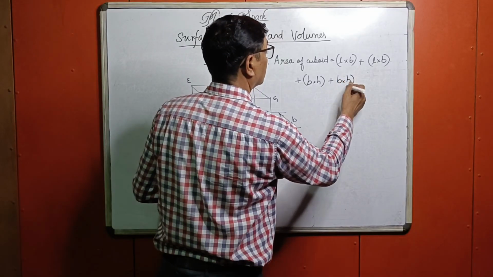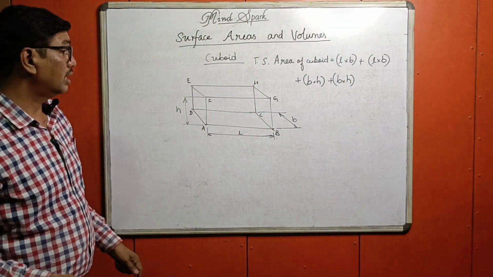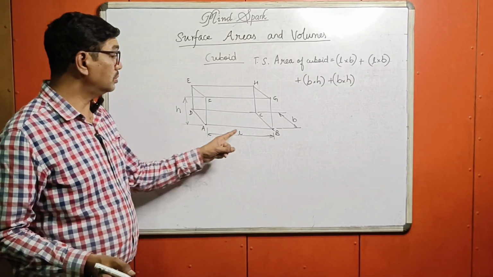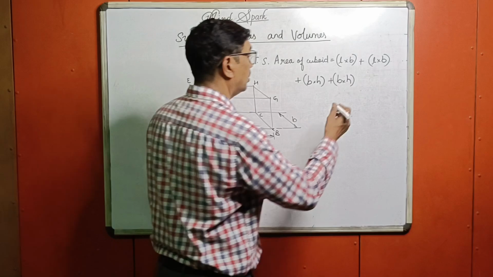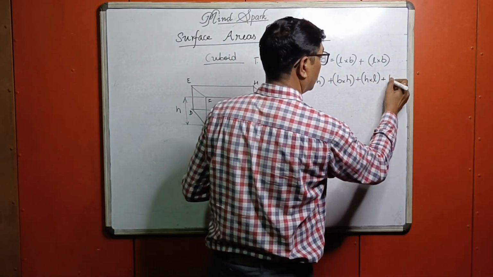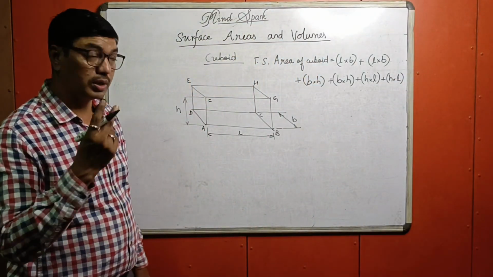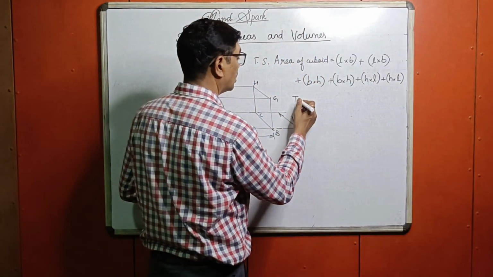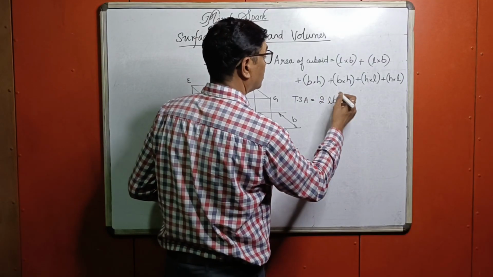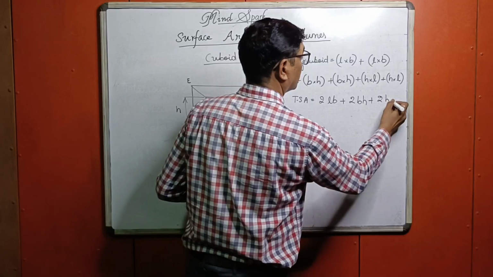B into H. Then comes L into B, then B into H, and H into length, H into L. They are also 2. So L into B, how many are there? 2 are there. So you can write 2 times. So total surface area is equal to 2 times LB plus 2 times BH plus 2 times HL.